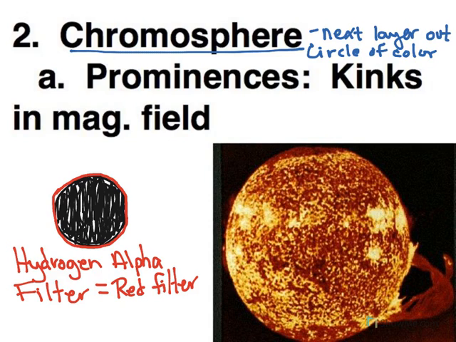When we look at the chromosphere, one of the things we'll see are prominences. And prominences, this is an amazing prominence here. This is, I think, the largest ever observed prominence. But what we are seeing, as it says here, are kinks in the magnetic field. So you're actually seeing the magnetic field line bulge up and out away from the sun.